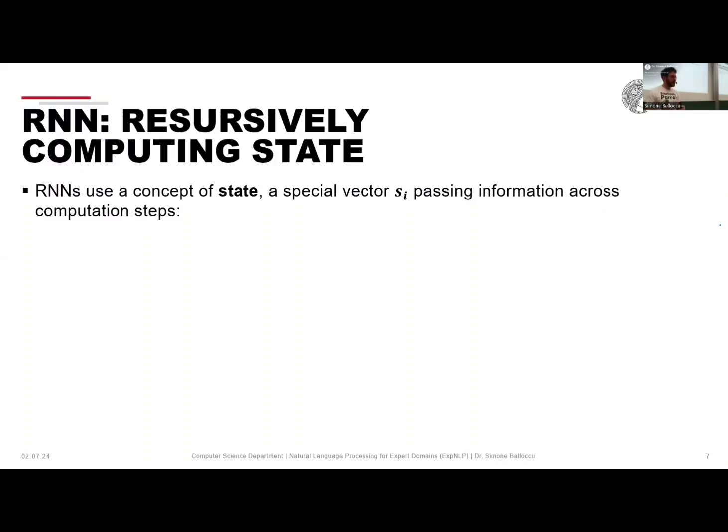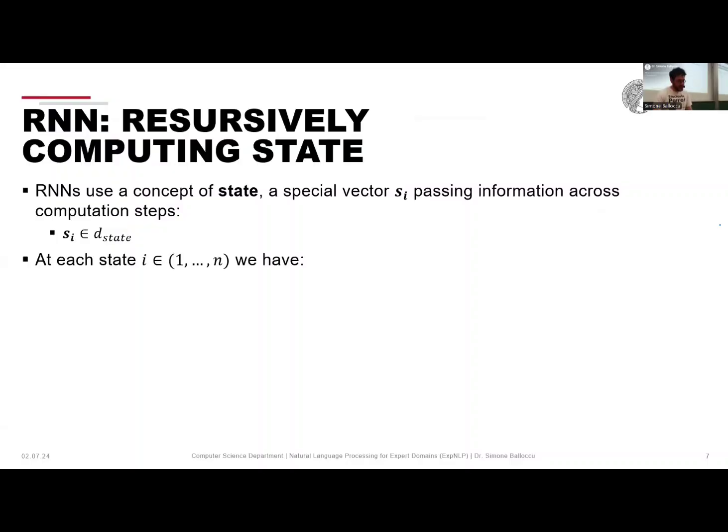So the RNN uses, I misread, there's not a typo here. It uses the concept of state, which is a special vector which passes information across computation steps. So we call it si. It has its own dimensionality because, again, it's still a vector.